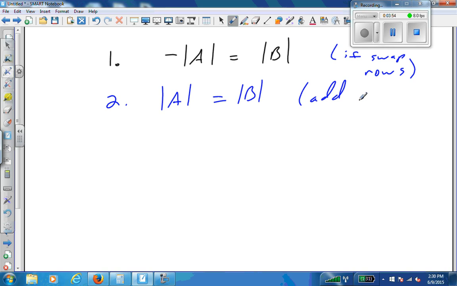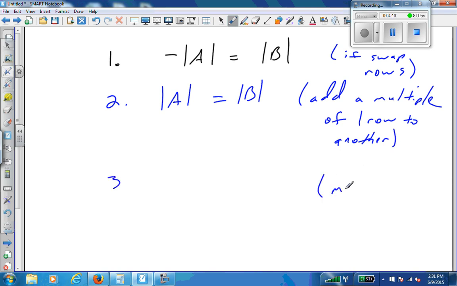If we add a multiple of one row to another, the determinants are the same. So our other operation was to multiply a row by a scalar, or by a number.